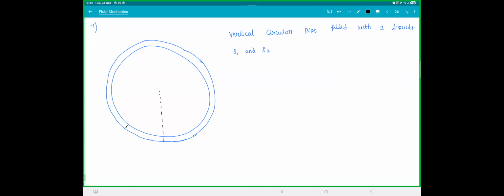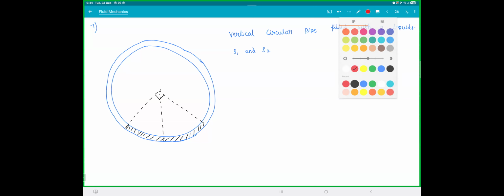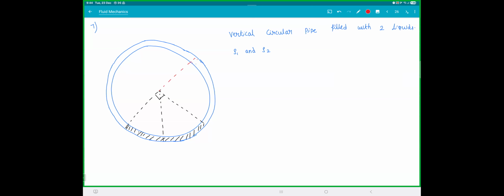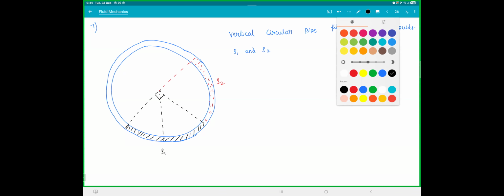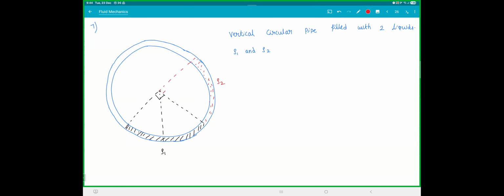One liquid is filled till here, 90 degrees basically, and the second liquid is filled in this space. Both the liquids don't have the same density. So this one is rho 2 and the black liquid is rho 1. And that is also 90 degrees. So total 180 degrees. Basically, it is half filled.